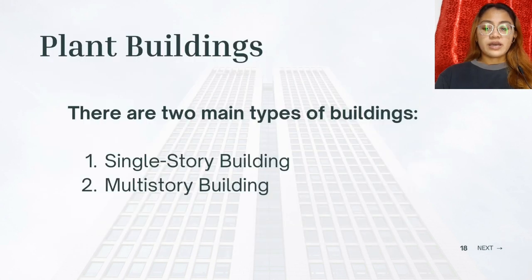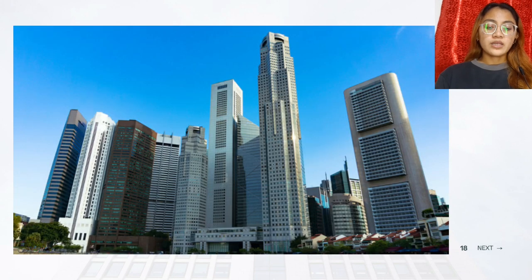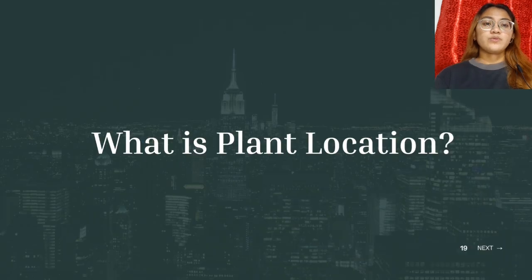The second type of building is the multi-story building, which has more levels that permit greater flexibility in terms of plant layout. We'll now be discussing the plant location.